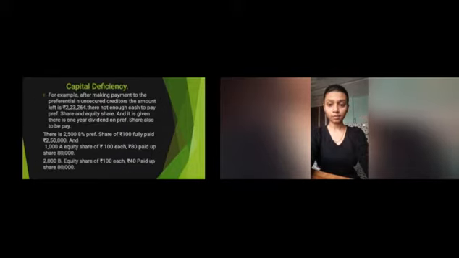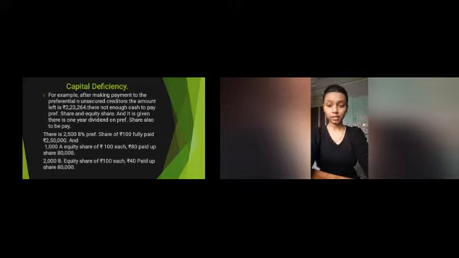For example, after making payment to preferential and unsecured creditors, the amount left is 2,23,264. There is not enough cash to pay preference and equity shareholders, and it is given that 1 year dividend on preference shares is also to be paid.